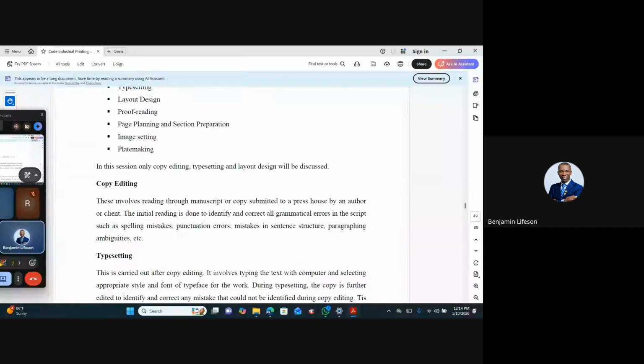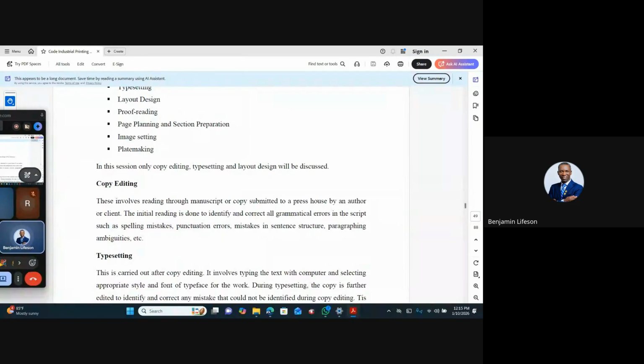The copy editor checks a piece of writing to make sure that, one, the grammar, spelling, and punctuations are very correct; the sentences are clear and easy to understand; then the tone and the style match the purpose or the audience. It matches the people that you want to communicate to.